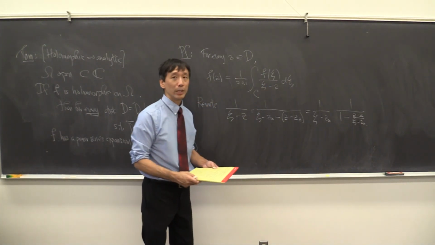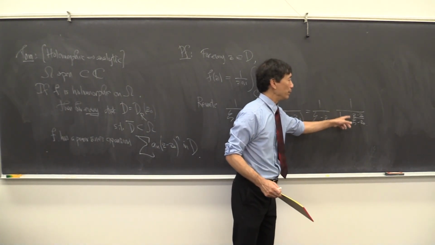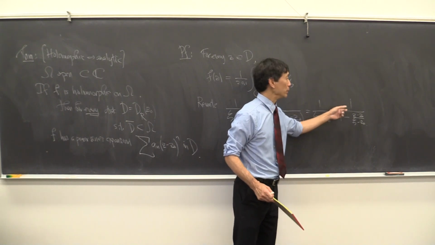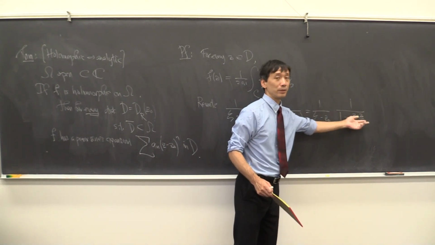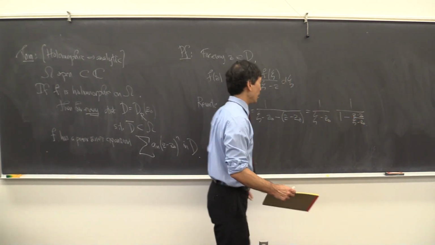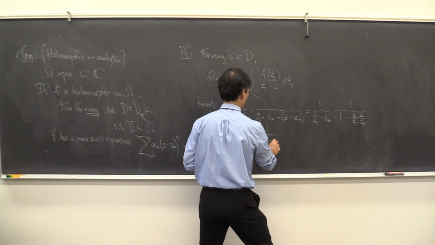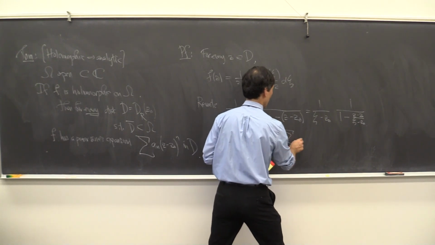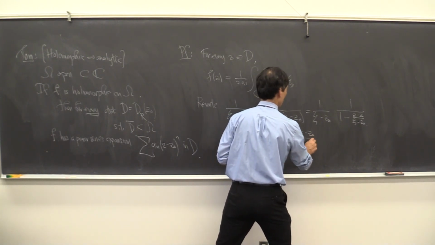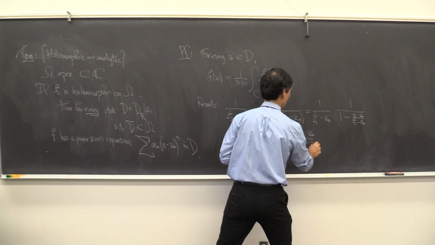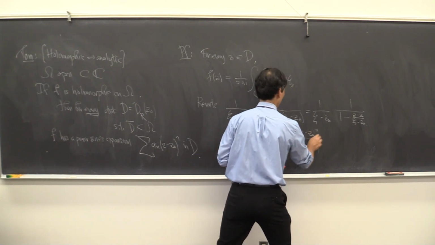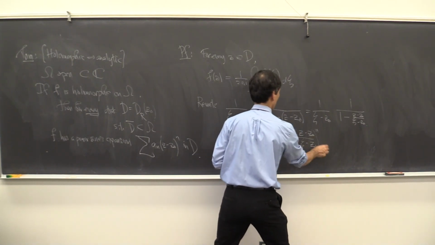And then we use the geometric series expansion. This is 1 over 1 minus something, and so we can rewrite that as the summation of ((z minus z naught) over (zeta minus z naught)) to the n, from n equals 0 to infinity.